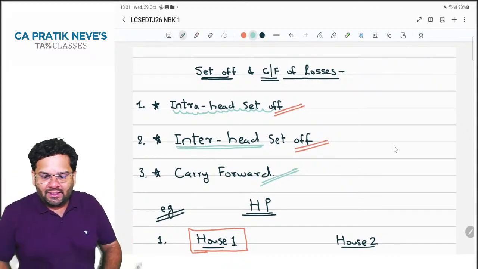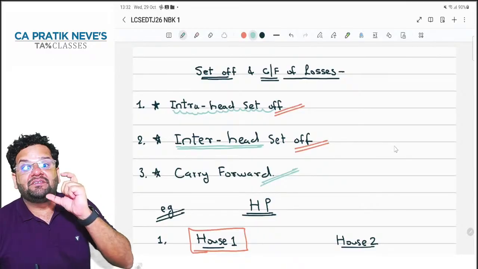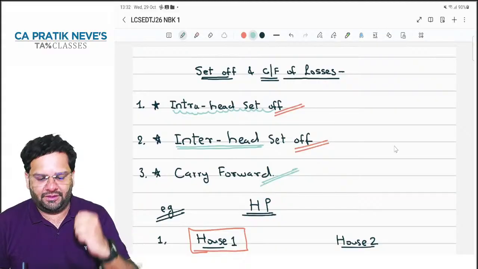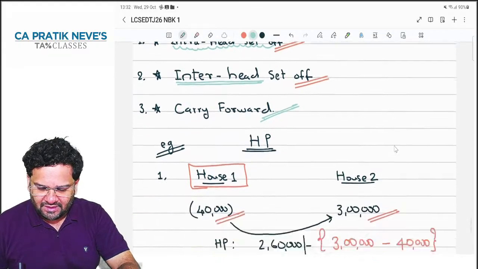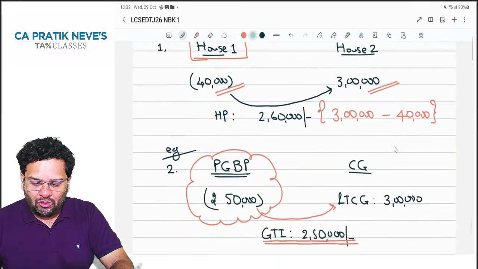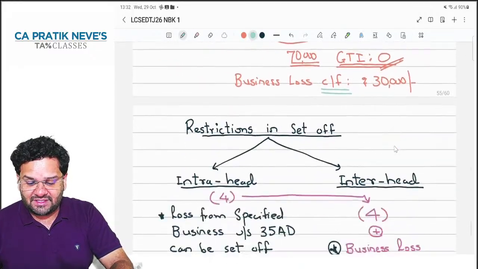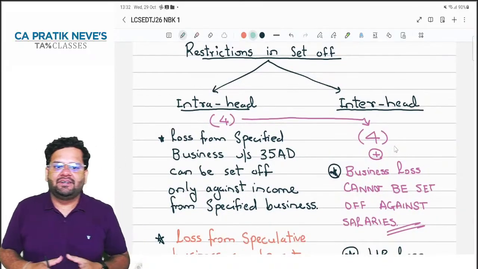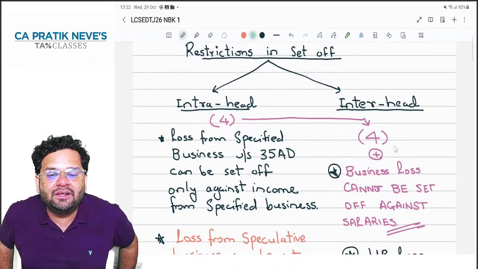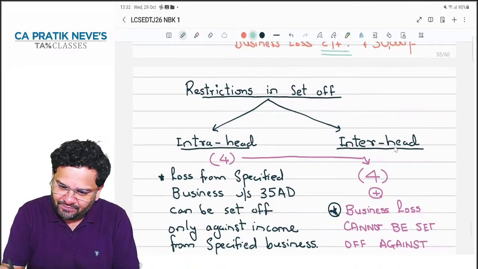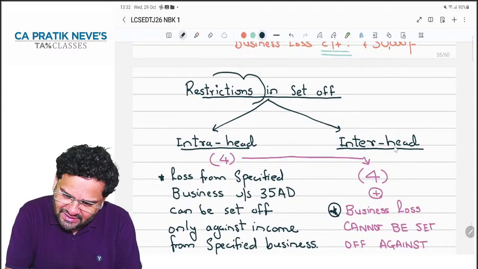If after doing inter-head there is still any loss remaining, then you will carry it forward. Clear? Understood? Shall we go ahead? Now, one interesting thing is intra-head is possible, inter-head is possible. But there are restrictions. Yes, there are restrictions.